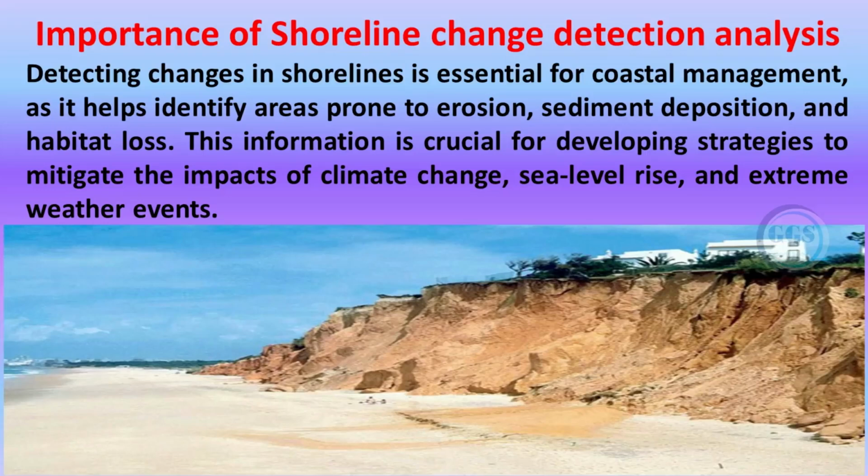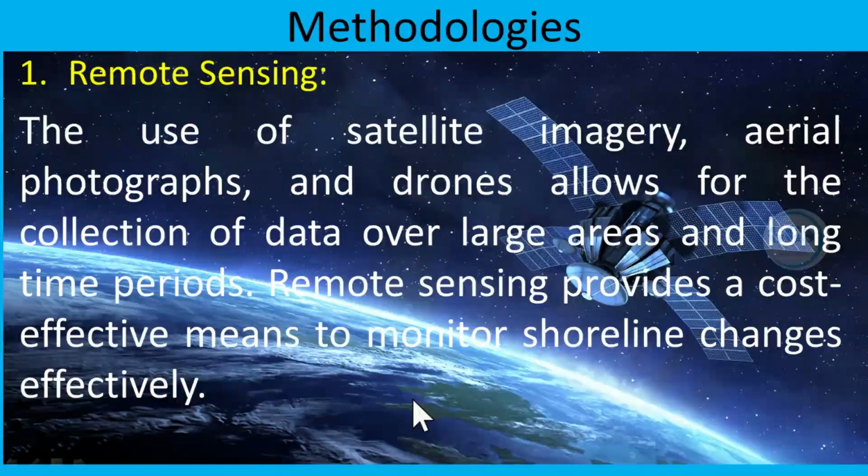So it helps a lot. For instance, if you look at this very figure, you see a coastal erosion here. As the shoreline changes, it is very important when we study it, because it will help in managing, for instance, coastal erosion. Then, what are the methods that are employed in studying shoreline dynamics?